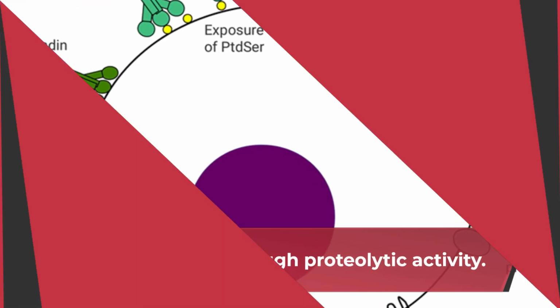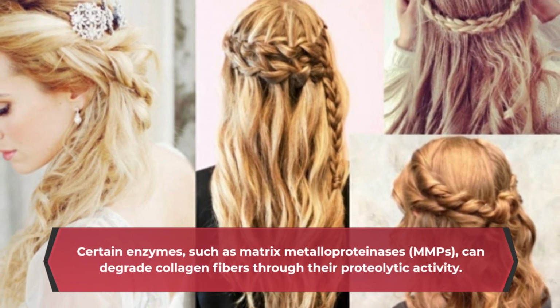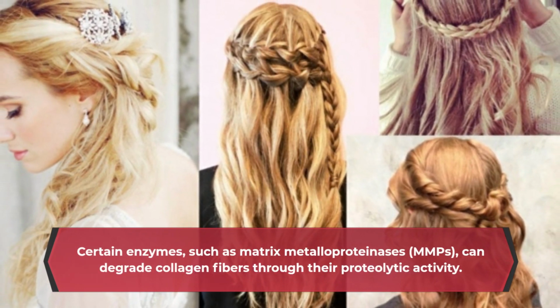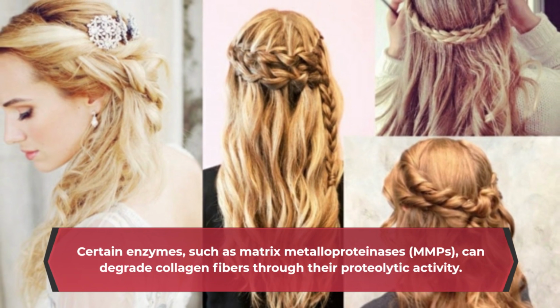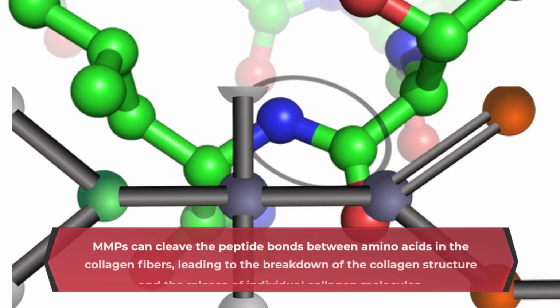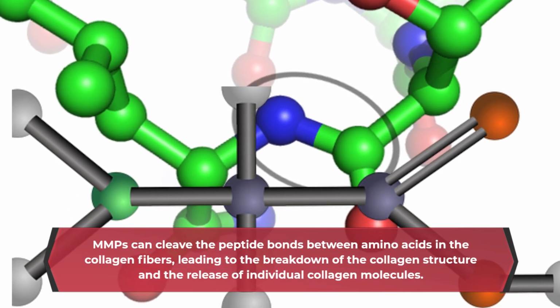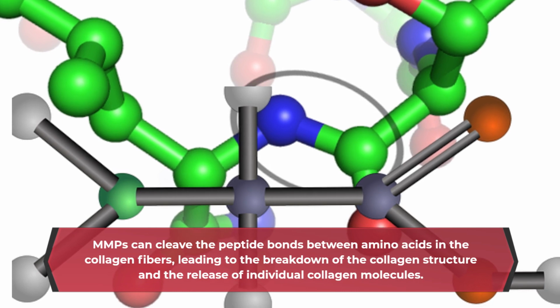Another way is through proteolytic activity. Certain enzymes, such as matrix metalloproteinases, MMPs, can degrade collagen fibers through their proteolytic activity. MMPs can cleave the peptide bonds between amino acids in the collagen fibers, leading to the breakdown of the collagen structure and the release of individual collagen molecules.